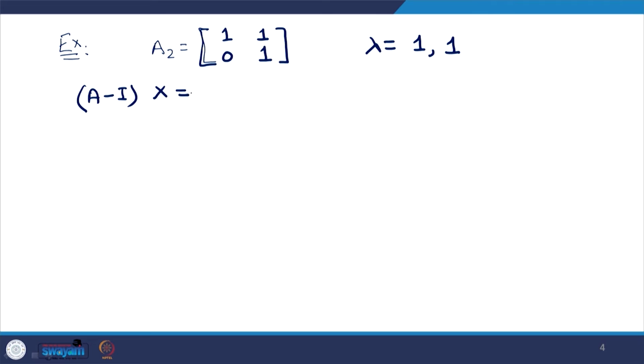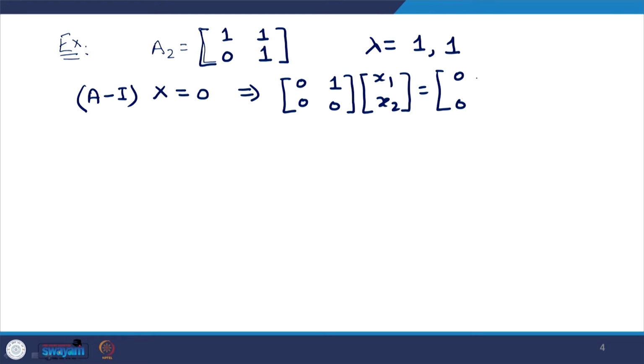So, it means the matrix 0, 1, 0, 0 times x, a vector in R2, (x1, x2), equals (0, 0). So, from here I am getting x2 equals 0 and x1 is arbitrary.